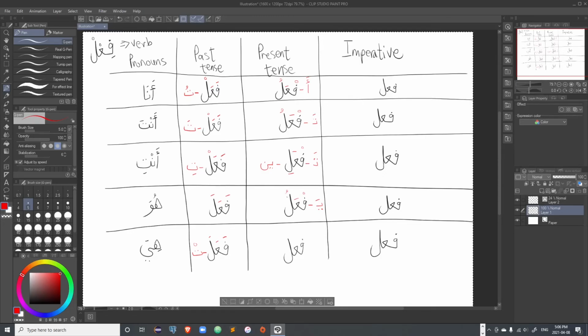I do not want you to worry about the grammatical syntax of verbs at the moment, because that is intermediate or even advanced Arabic grammar, which is not the scope of this course or of this tutorial.